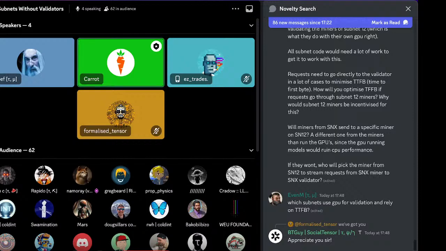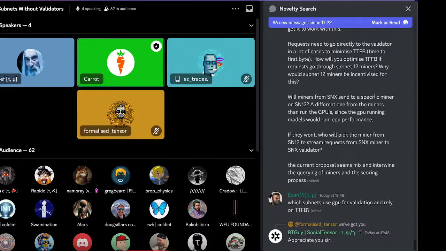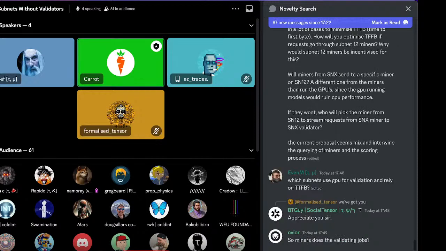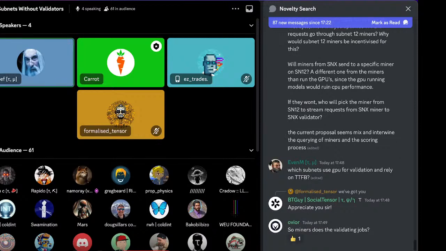Right, and Yuma consensus doesn't even encourage validators to do that, because you want to be in consensus with each other. You don't want to put the other guy down to elevate yourself, because you want to all be more or less on the same page, right? I mean, on Subnet 9, you're going to earn more if you discover a new model that is the winner earlier.